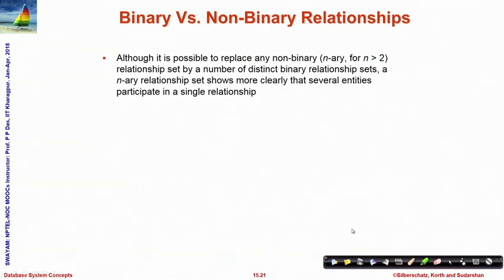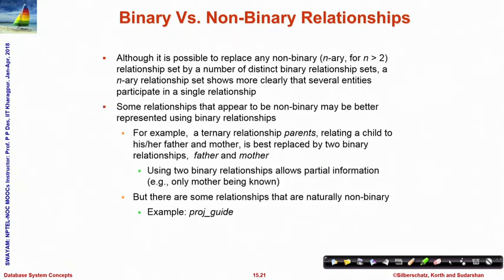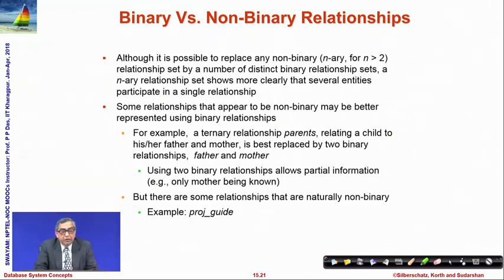There is also the question of the choice between binary and non-binary relationships, ternary or higher degree. It is possible that you could represent ternary relationships directly, or you can decompose them. For example, a ternary relationship can be decomposed in terms of two binary relationships.